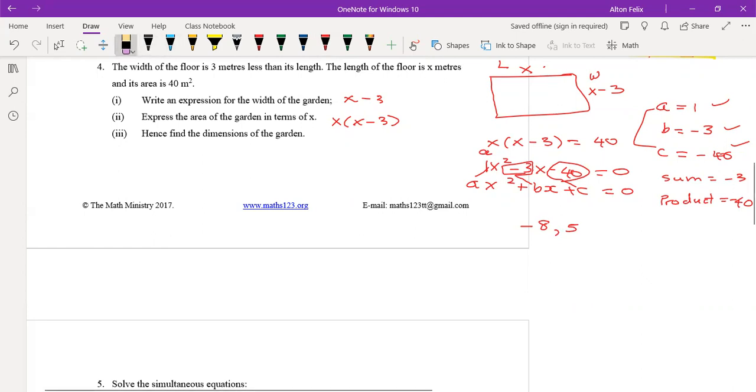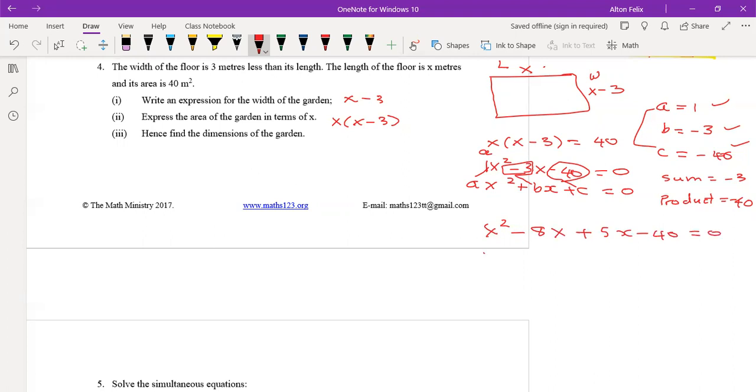So remember how we said it? You're going to replace the middle term by those two numbers, adding in your x, of course. So the equation becomes x squared minus 8x plus 5x minus 40 equal to 0.